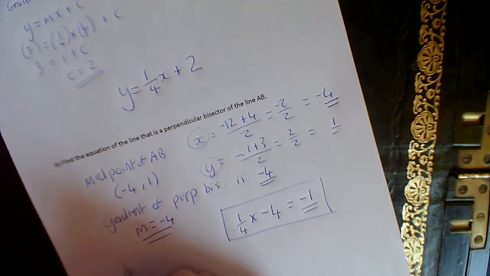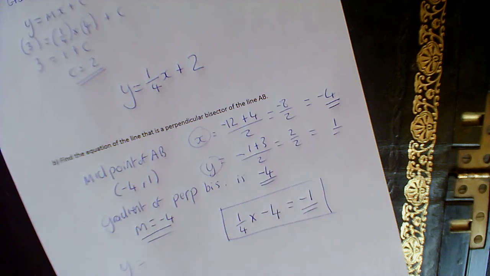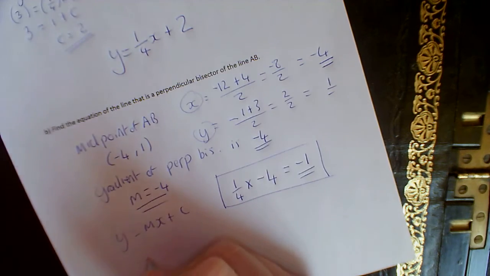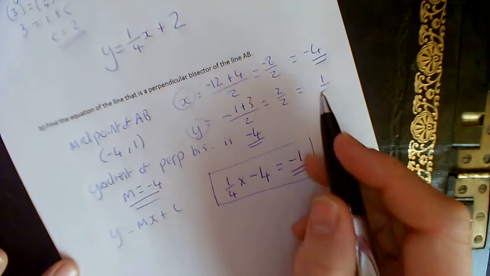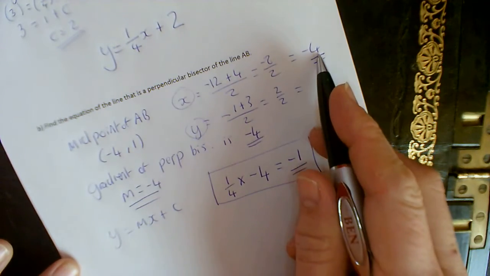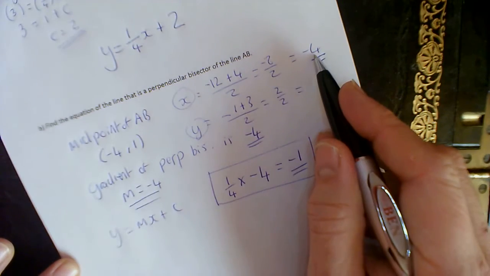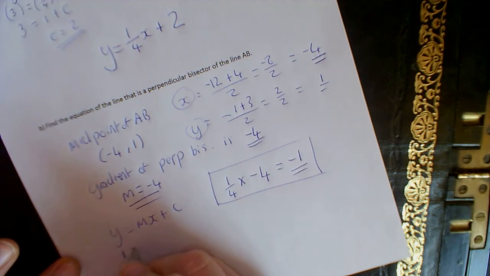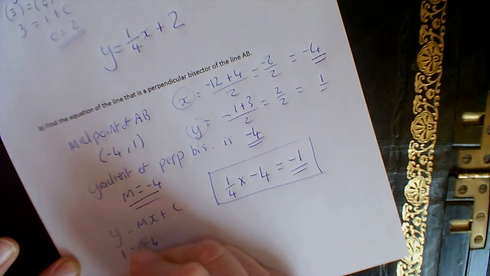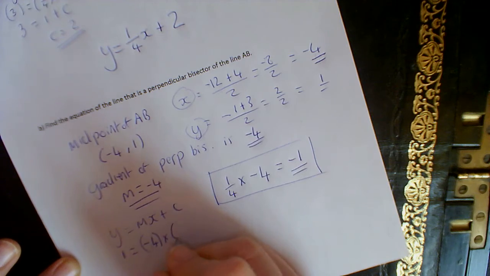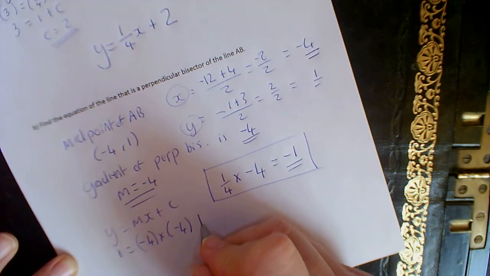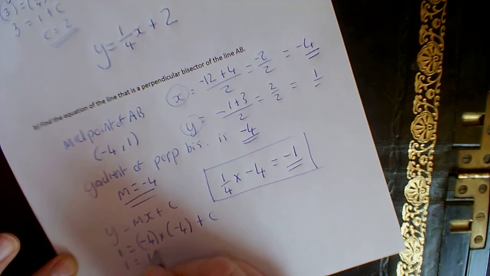So let's put this in. We're going to use y equals mx plus c. We've got a strange situation here where I'm using negative 4, which happens to be x, but it's also the gradient. So 1 equals negative 4, which is the gradient, times negative 4, which happens to be the x coordinate as well, plus c. 1 equals 16 plus c.